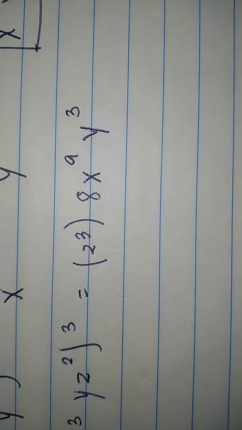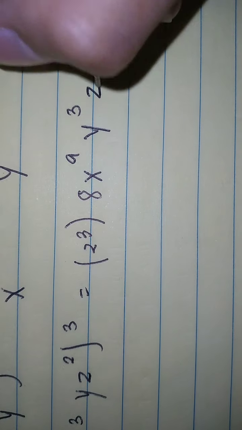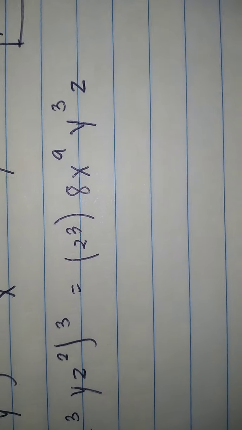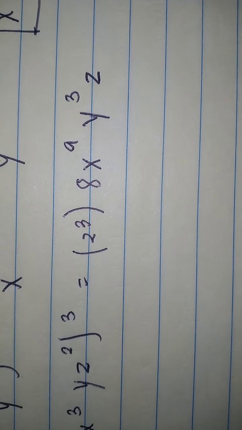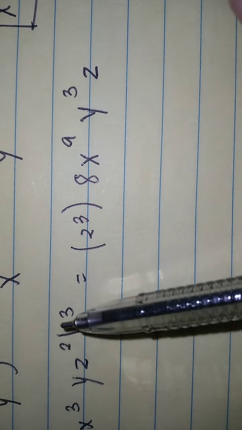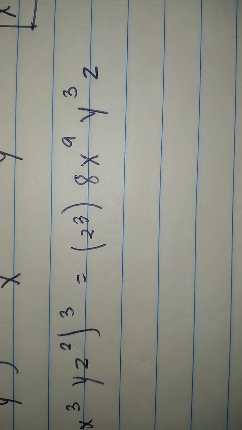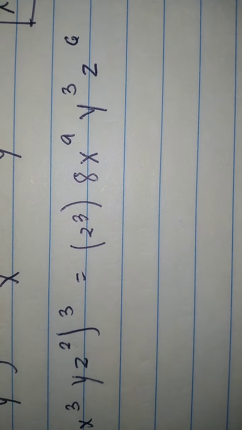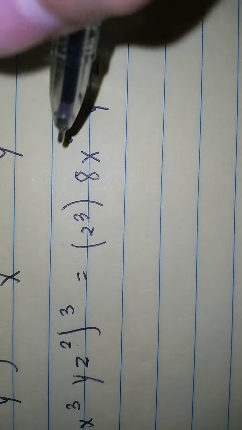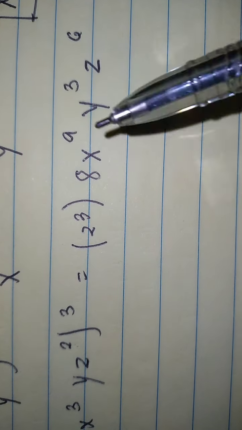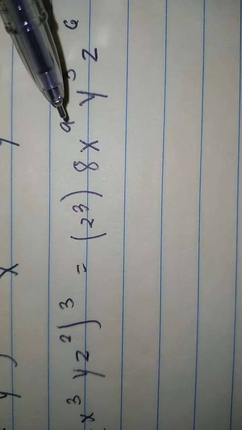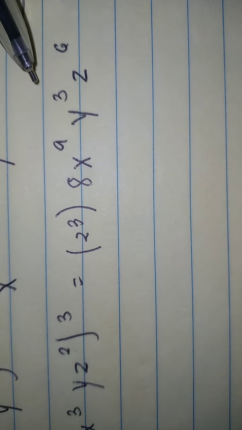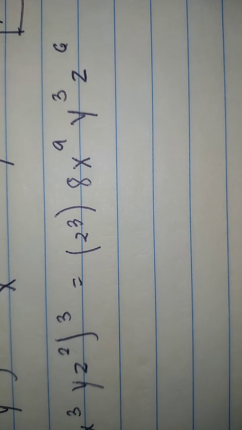And for z, 2 times 3 is equal to 6. So therefore, the answer is 8x raised to the power of 9, y raised to the power of 3, z raised to the power of 6.